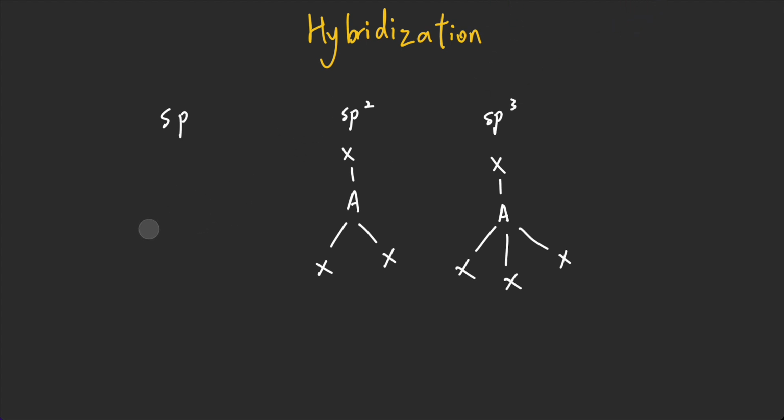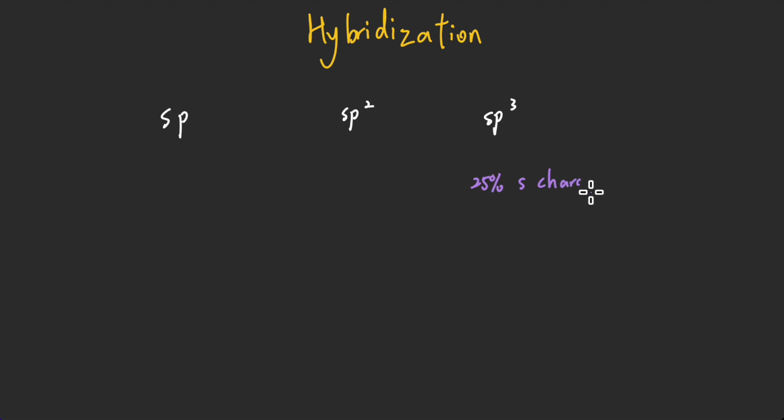The more important thing is that sp3 contains 25% s character and 75% p character. As you can see here, we have 3 p orbitals, so it consists of 75% p character.